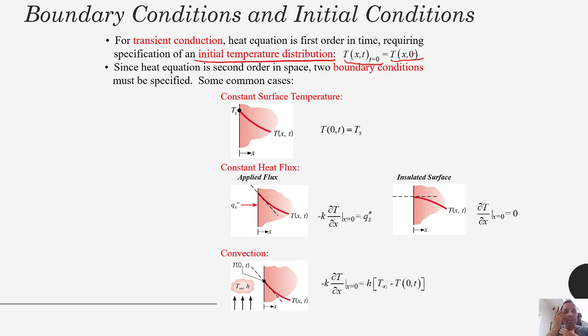There are different types of boundary conditions. We could have that at one boundary we just know a constant surface temperature. We'll just assume that the temperature at x equals 0, considering just the x dimension, and at time t is always going to be this constant surface temperature.